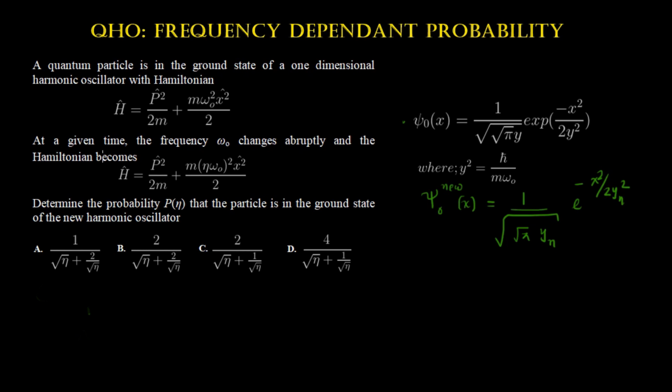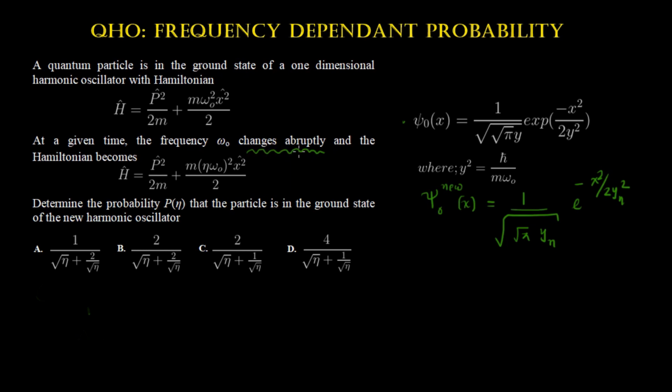For this question, it's given that the frequency changes abruptly. This is one concept in quantum mechanics known as the sudden approximation, which is a very vast theory to be precise. But the concept to solve this problem is to understand that the system is changing abruptly.